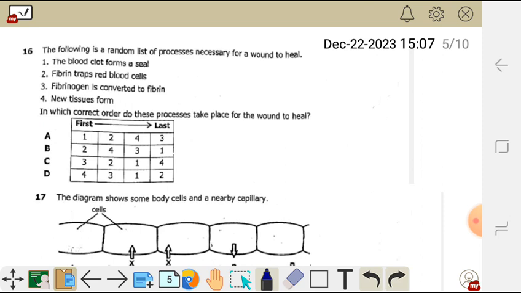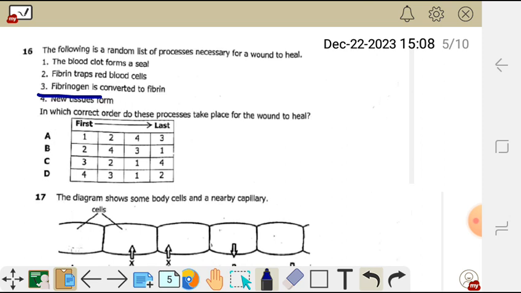For the wound to heal, what should be formed first is the fibrin. So we have conversion of fibrinogen to fibrin. Why? Because fibrinogen is soluble in blood, so it has to become insoluble, solid. So the first thing is 3, fibrinogen is converted to fibrin, which is solid, insoluble. Then this fibrin is sticky, so it is going to trap red blood cells. When it traps those red blood cells, a clot is going to form.